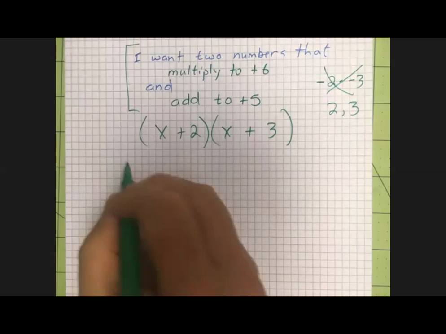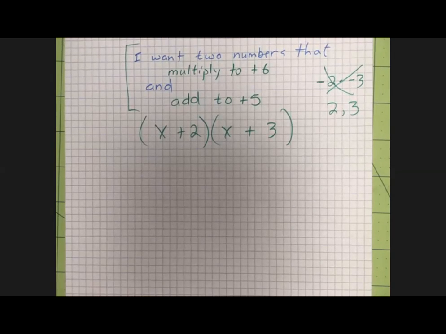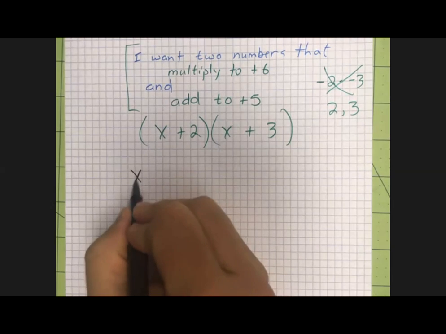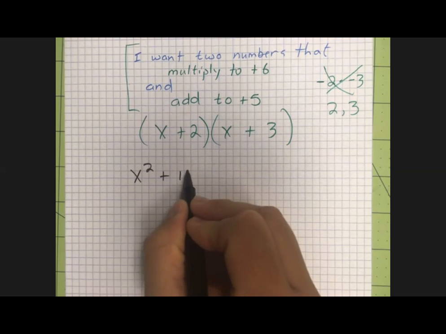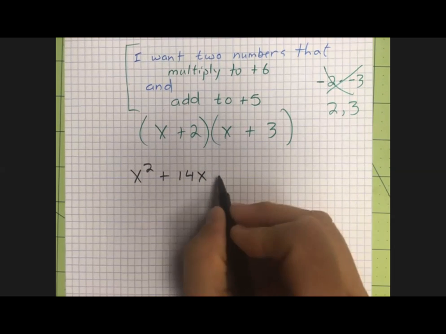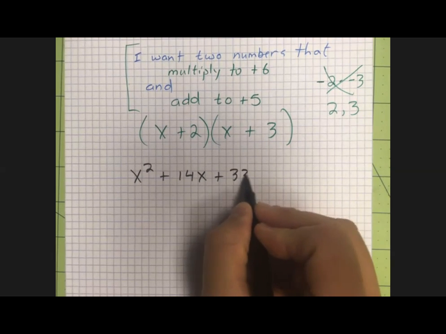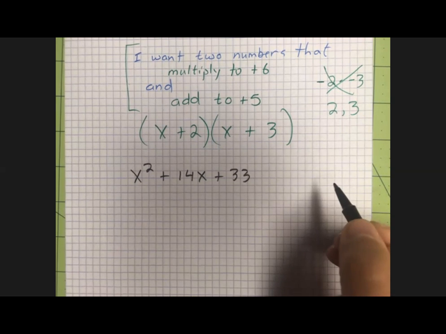Let's try it again. That's how I want you to speak and think when you're looking at these. Let's try x squared plus 14x plus 33. Let's try to make it harder.